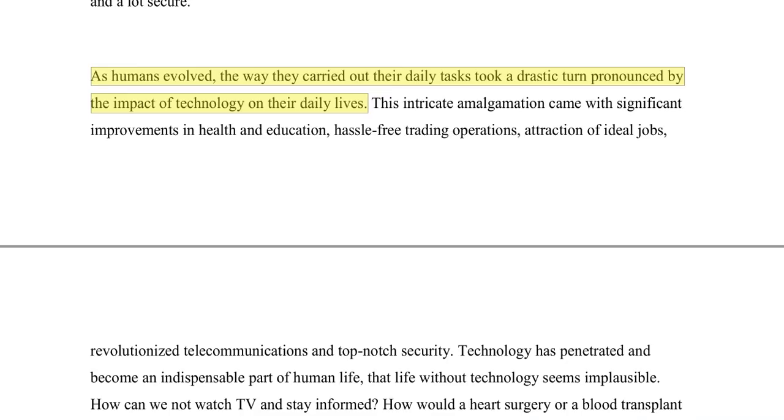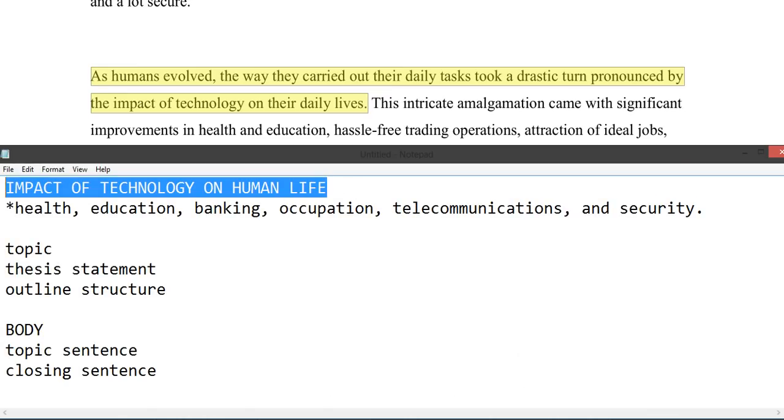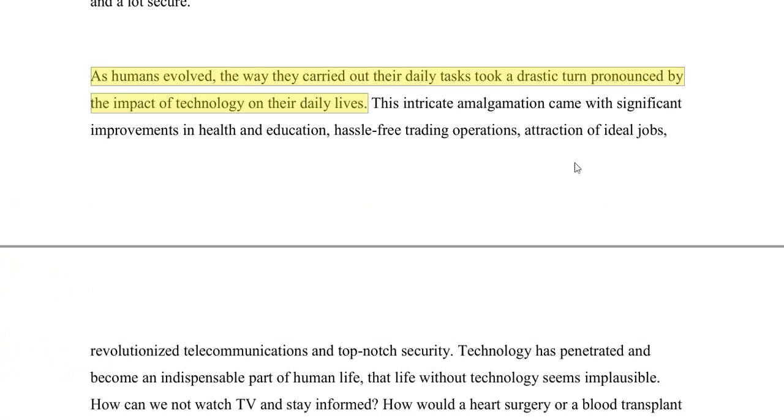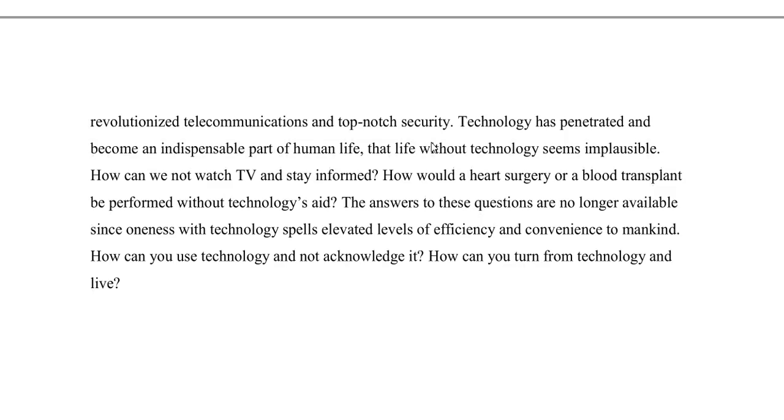You can formulate it just by looking at the topic of the essay. Coming to supporting details, this intricate amalgamation came with significant improvements in health and education, hassle-free trading operations, attraction of ideal jobs, revolutionized telecommunications and top-notch security.